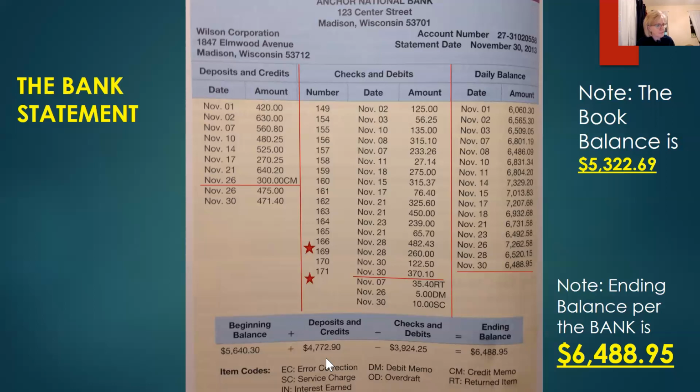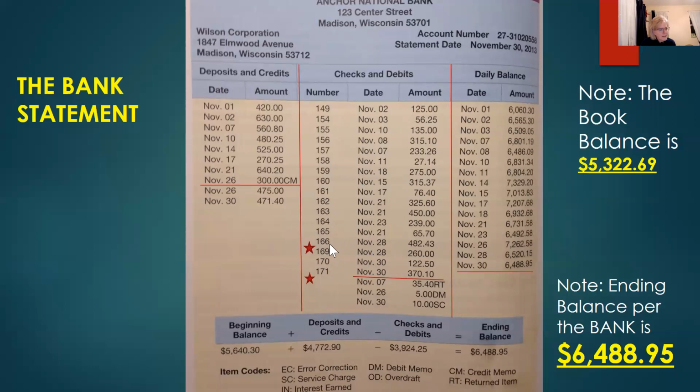Okay. So to do the bank recon, the company scrutinizes this statement, checking off and making sure that all the checks they wrote cleared the bank as of November 30th. Of course, if they wrote a check December 1st, it's not going to have cleared the bank, but all the checks they wrote by November 30th. And you can see there's a gap in here.